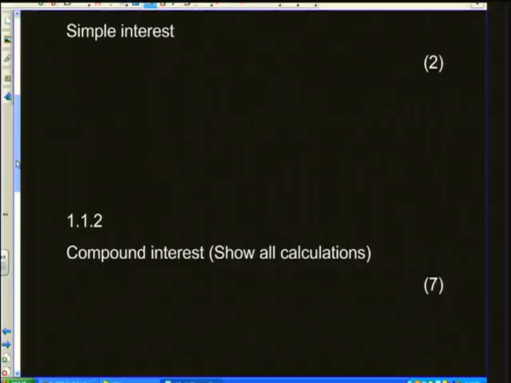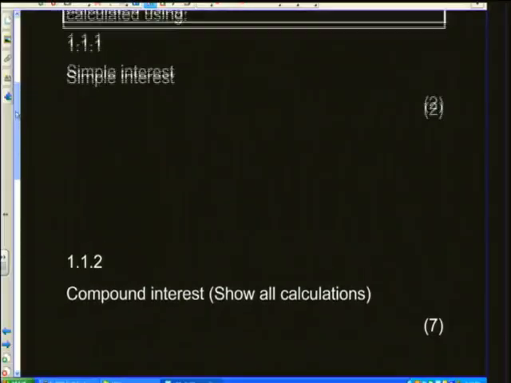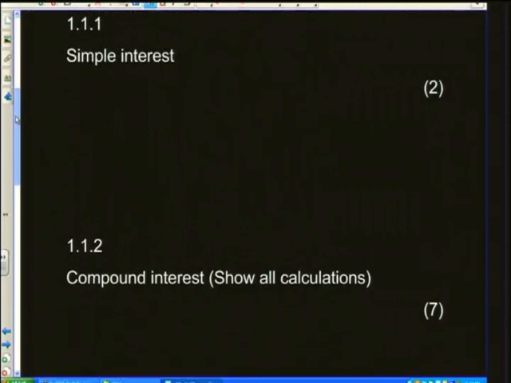We need to calculate it using simple interest. Remember the formula is P times I times T. P is the amount, which in this case is 40,000 Rand.